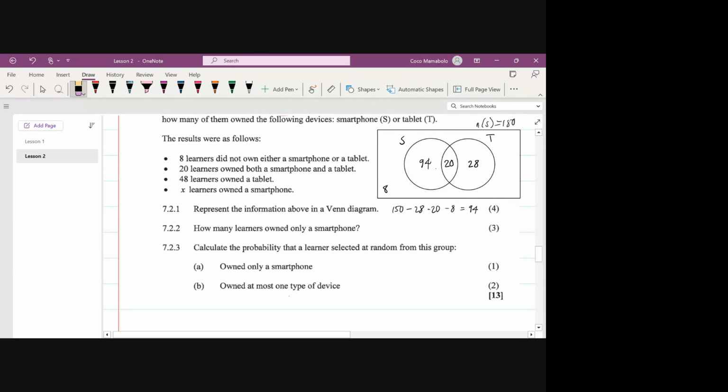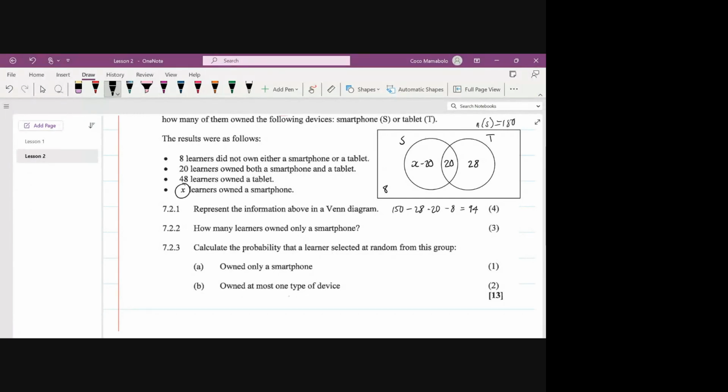All right, now it says here, how many learners owned only a smartphone? We can do the calculation the way that I've done it here, or we can use that method that we know to use, right? We know that if the whole of S is X, then this part over here would be X minus 20.